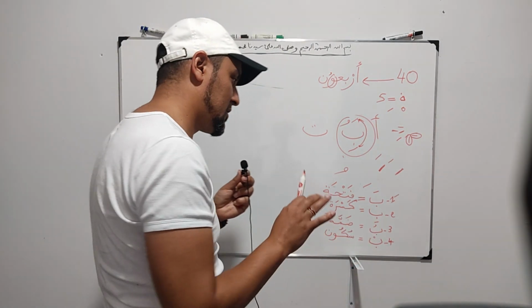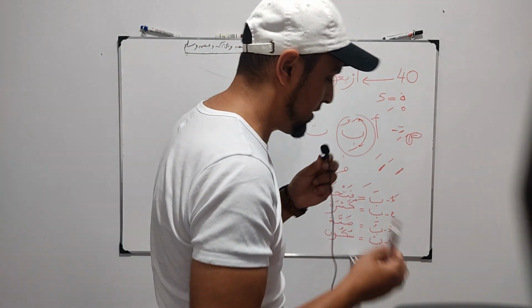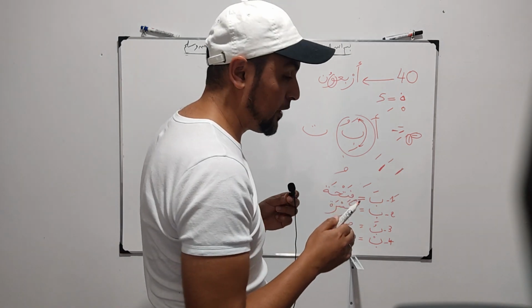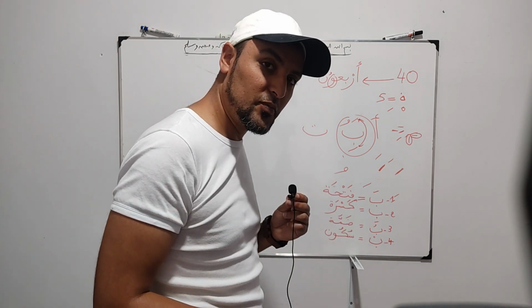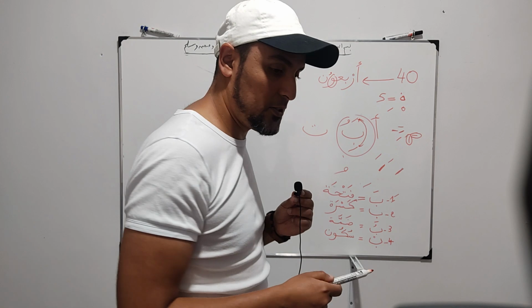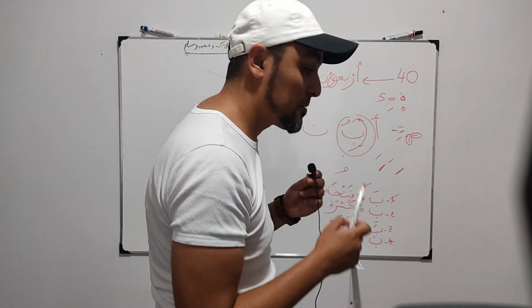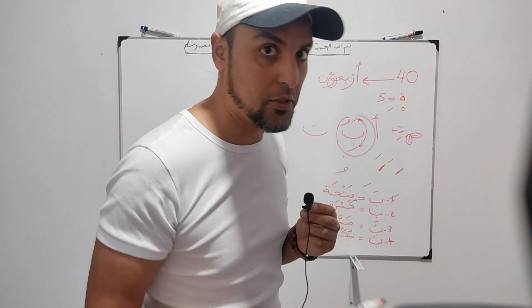Wait, before this step, I need to spell each letter here before talking about the 5th case, which happens to these letters, to haraka. I need to spell it to you so you can repeat it after me.